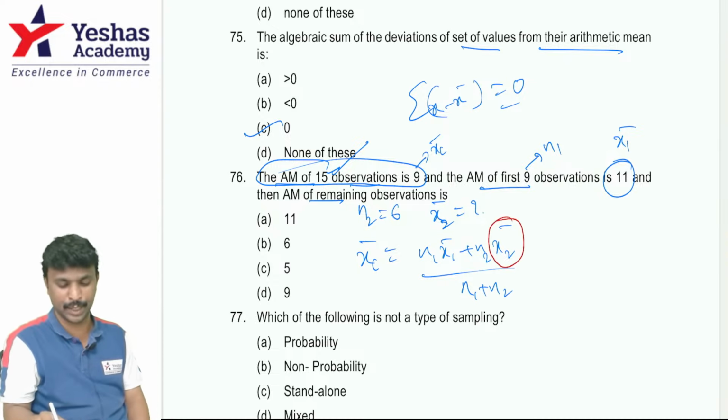Just plug in the values now. P of B is 2 by 3 minus 0.4333 divided by P of B. What is P of B? P of B is 3 by 5. Now solve the numerator: 2 divided by 3 minus 0.4333.